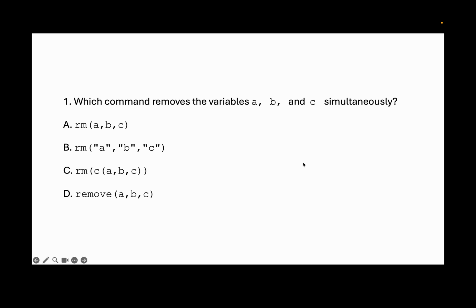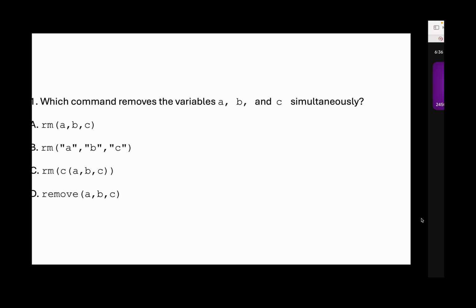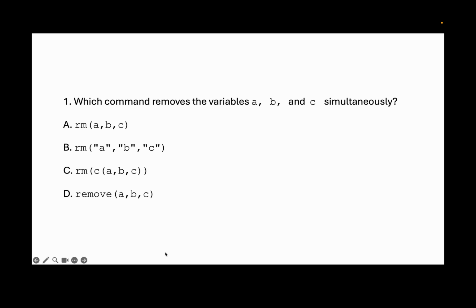One option is actually correct, I did not give that option. So A is correct, B is also correct. When you are removing variables, you can use single quotes, double quotes, or no quotes. Everything works, so A and B both will work.